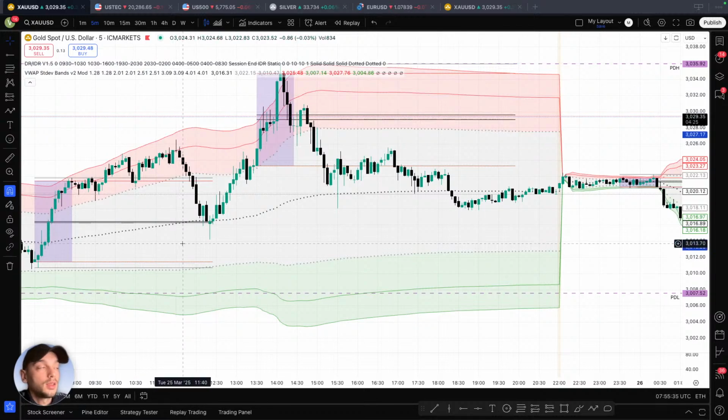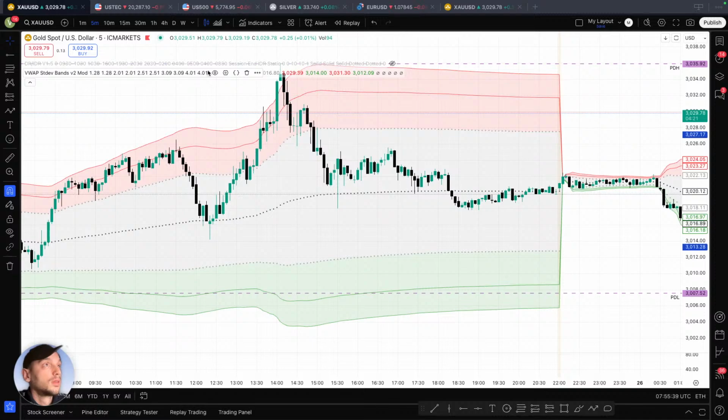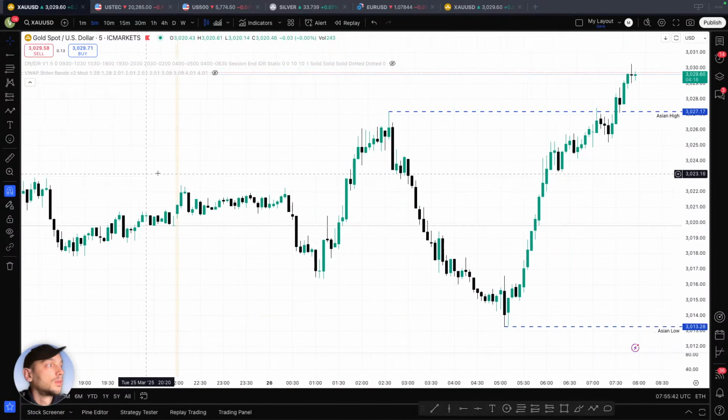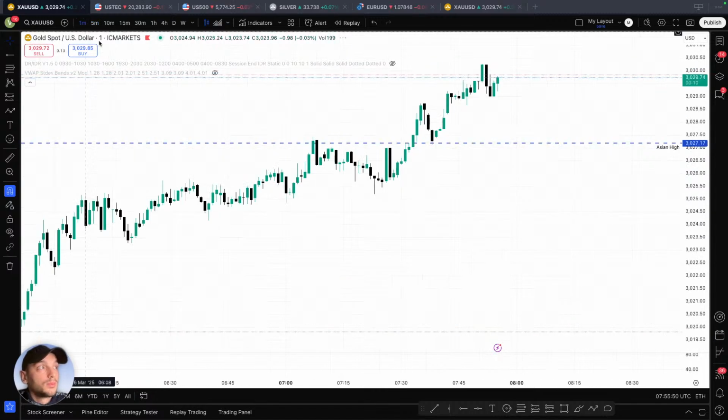You can combine it with any price action. Very useful to have this in your arsenal, just to be aware what to expect.